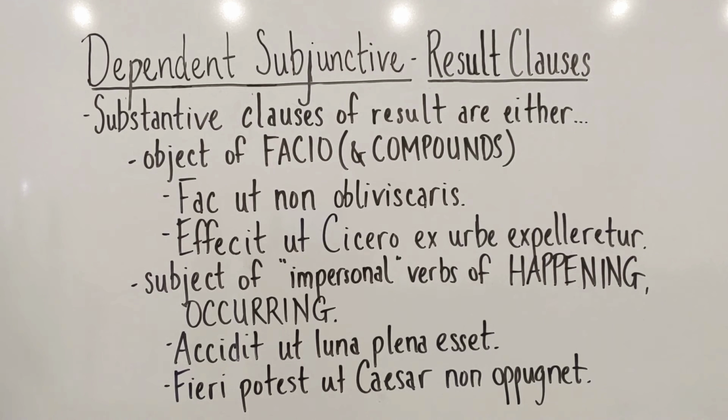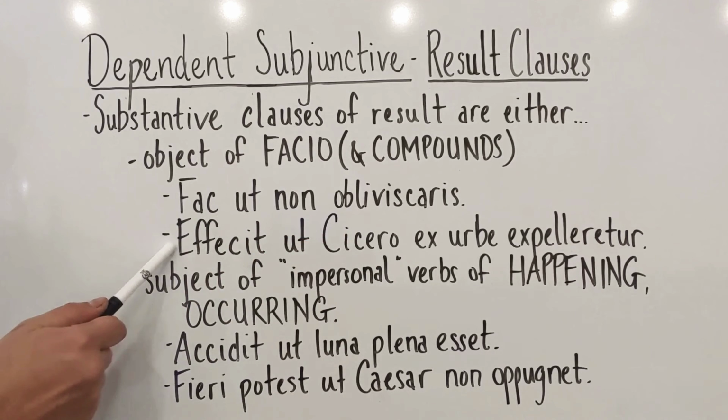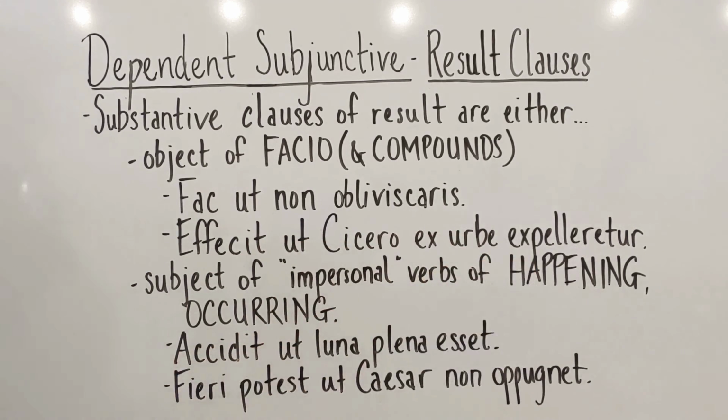Notice that these do follow sequence of tenses. So primary sequence, present subjunctive, secondary sequence, imperfect subjunctive. This could be either primary or secondary sequence, but we know that it's secondary because esset, imperfect. So we're definitely in secondary sequence.